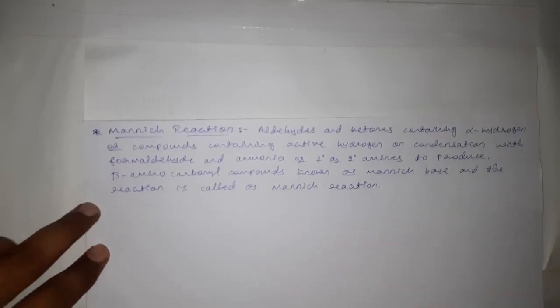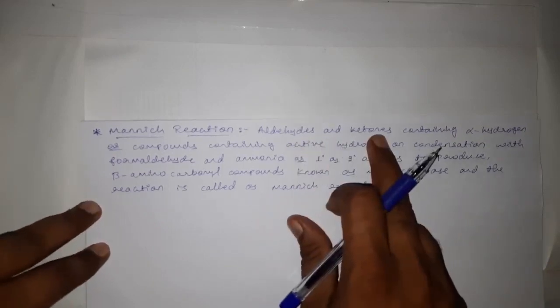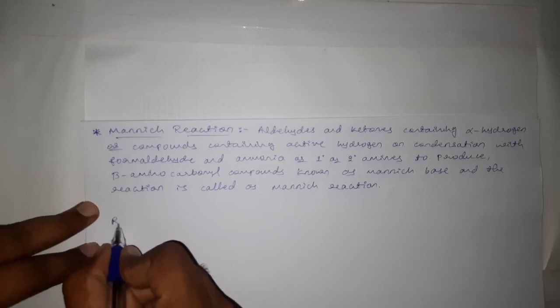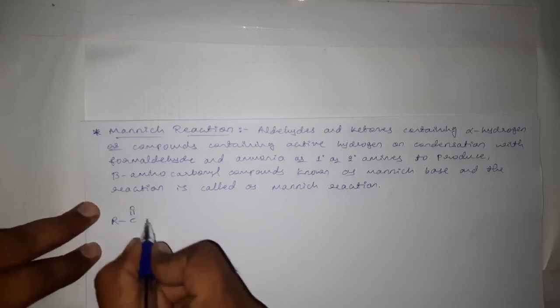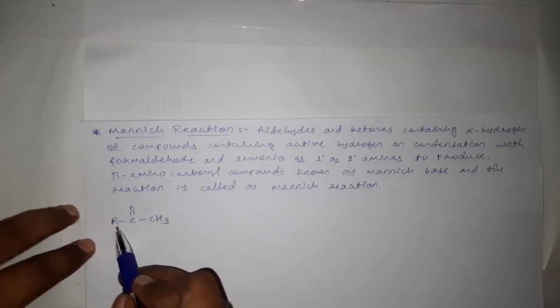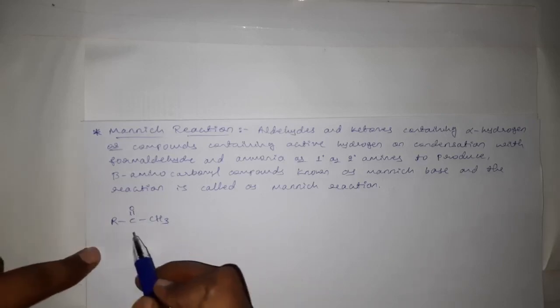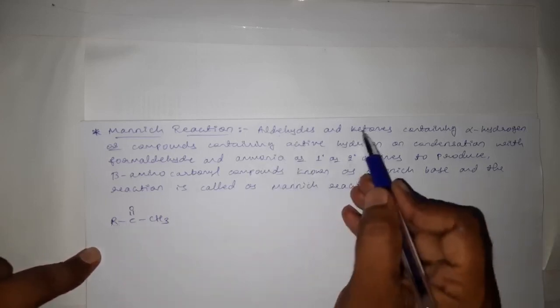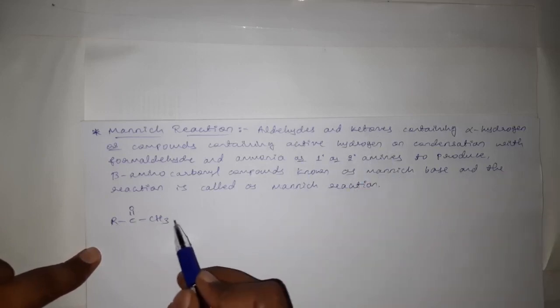See here what they are telling. The aldehydes or ketones which are containing alpha hydrogen. For example, R C double bond O CH3. If this R is hydrogen, then it becomes an aldehyde. Or if it is other than hydrogen, like any alkyl or aryl group, then it becomes a ketone. Here one CH3 group is there.